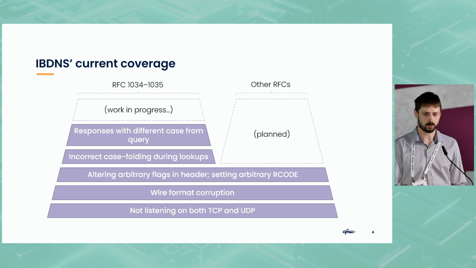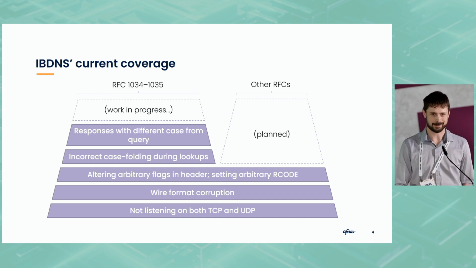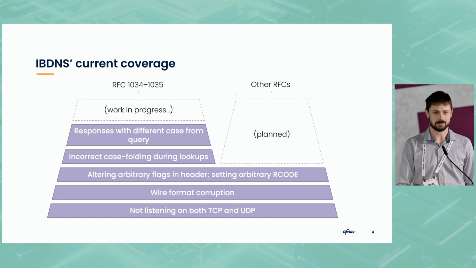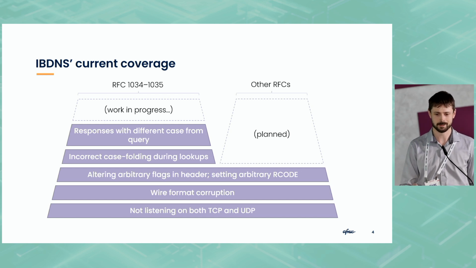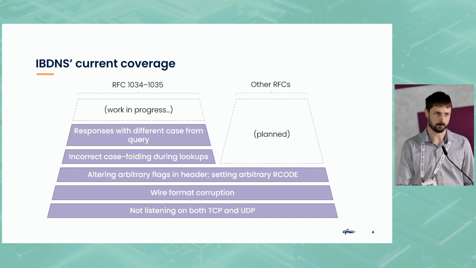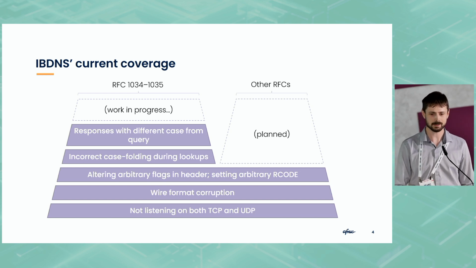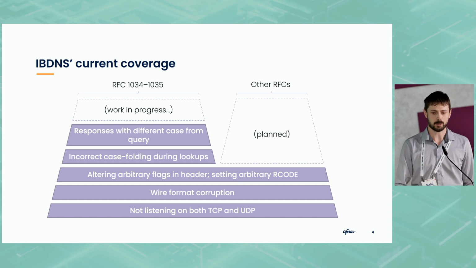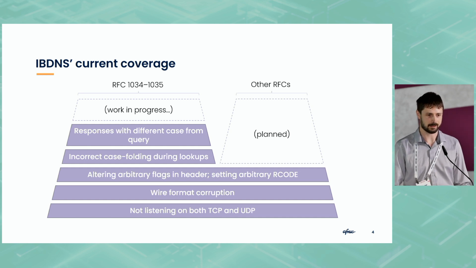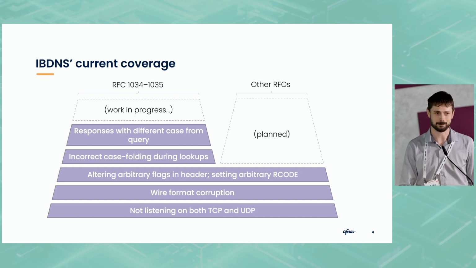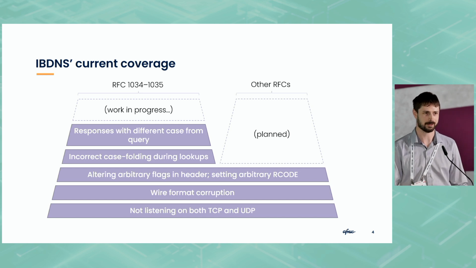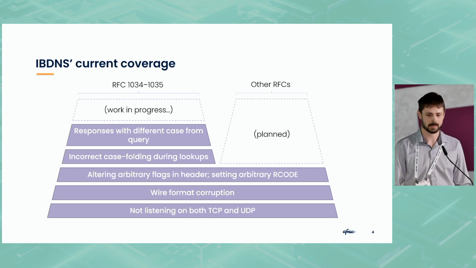When I'm breaking DNS, one way to think about it is to see it in layers. And IBDNS is able to intervene on all of these. So for example, the most basic way of breaking DNS is, of course, not listening on TCP. Moving upwards, we can mess with compression pointers or flip bits randomly.